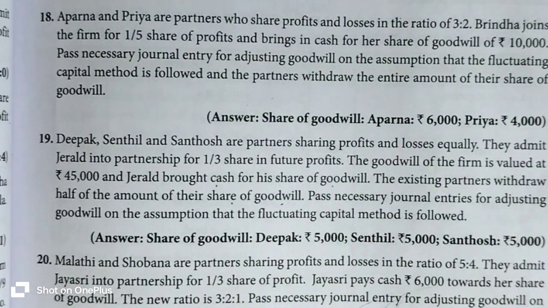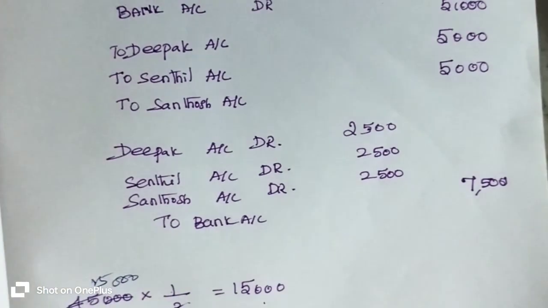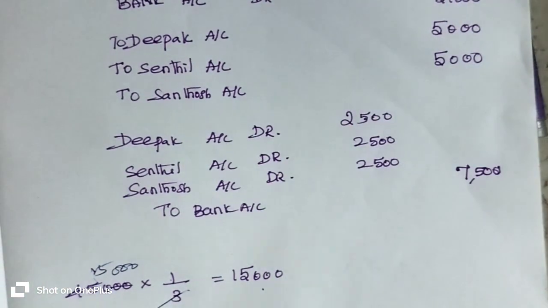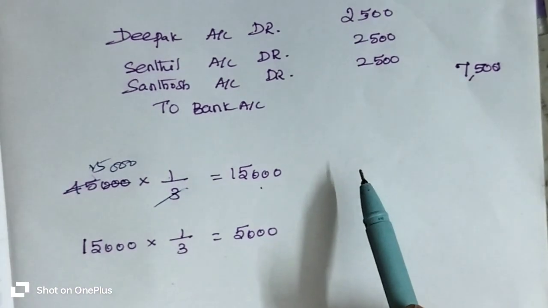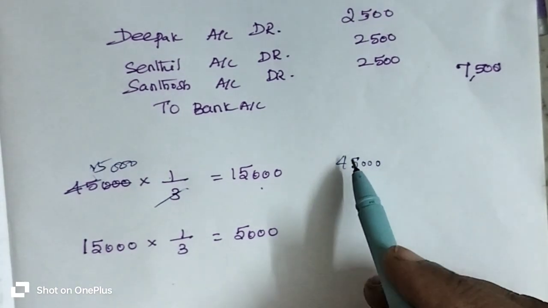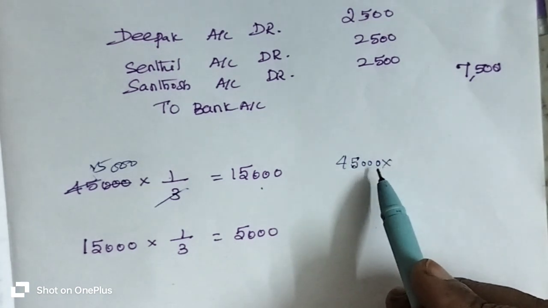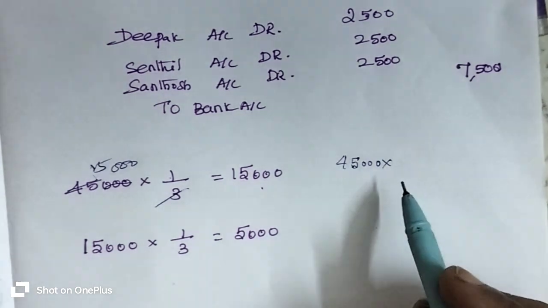Pass the necessary journal entry. Listen here. How to pass the journal entry? Gerald is a new partner who brings the goodwill. The firm's total goodwill is 45,000. Among this, what is Gerald's share of goodwill?